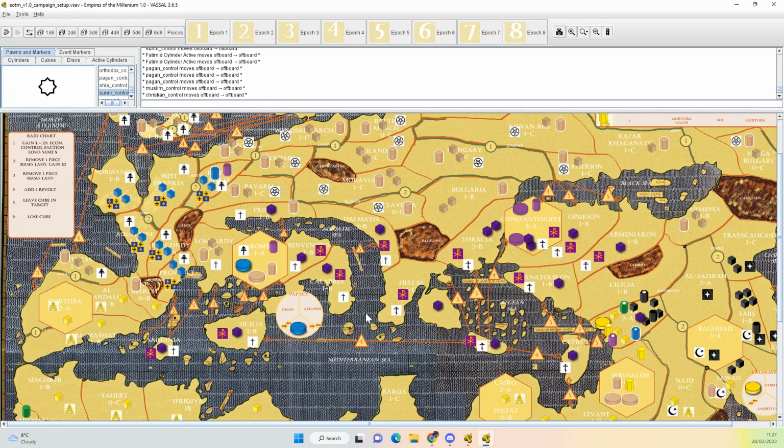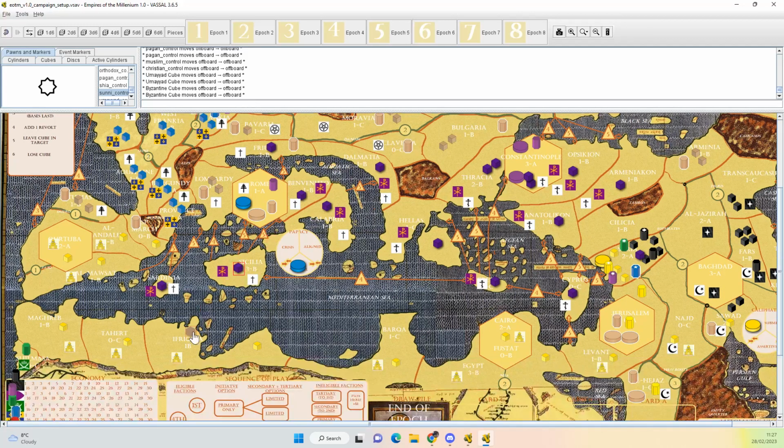Next, we'll just look over a couple little weird adjacencies. So the Maghreb area is adjacent to Almasat, so you can march between North Africa and Spain. The Sicilia is adjacent to Calabria, so you can march back and forth between Sicily and Calabria. You can't march between Sicily and North Africa, however, until the Aghlabids.